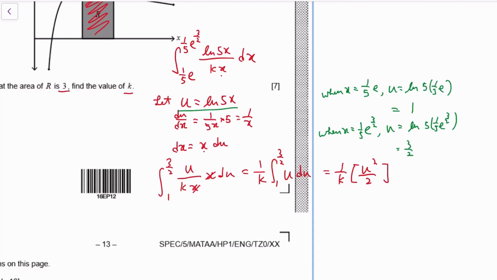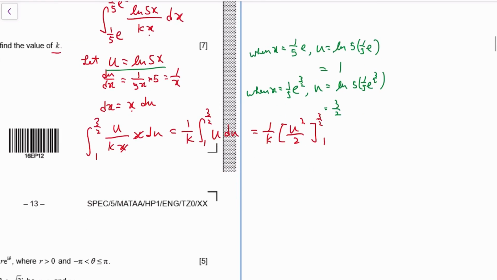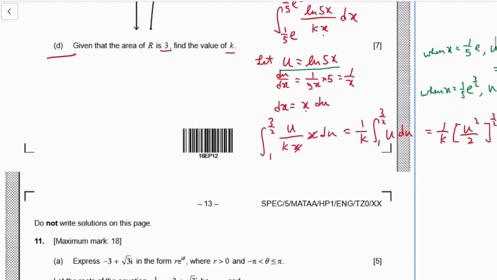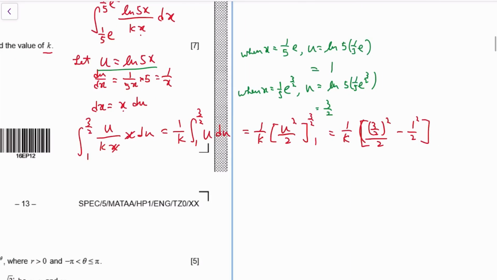This way is not too slow for HL math. Time is usually not a problem for most people. Obviously, you plug in 3 over 2 squared over 2 minus 1 squared over 2. In the question sets, the area should be 3, so this equals 3.